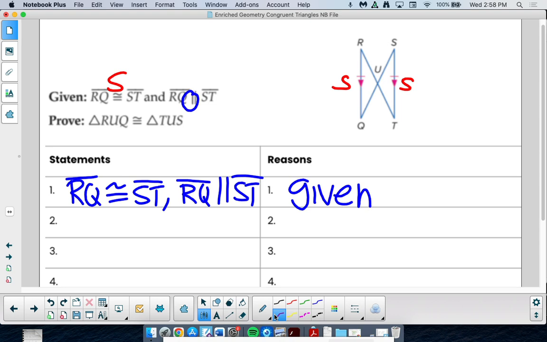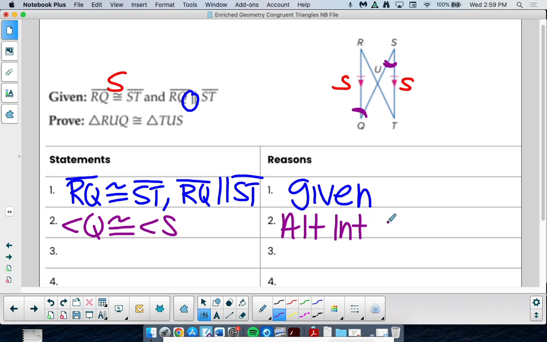So like this angle right here, angle Q, is alternate interior to angle S. And since those two lines are parallel, those two angles would be congruent because they're alternate interior angles. So I'm going to say alternate interior angles congruent when lines are parallel. I'm abbreviating a little bit, you can too. Okay, so there's an angle marking.